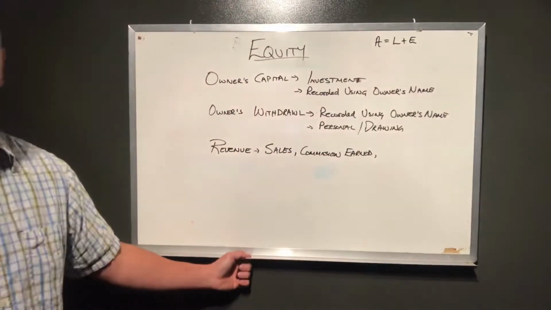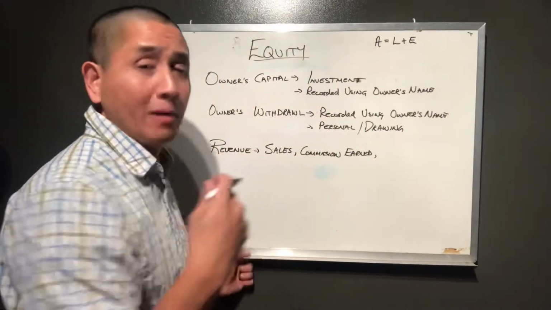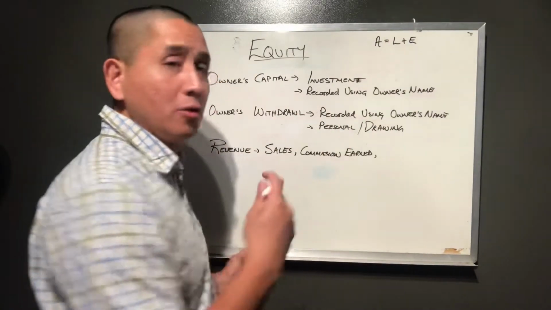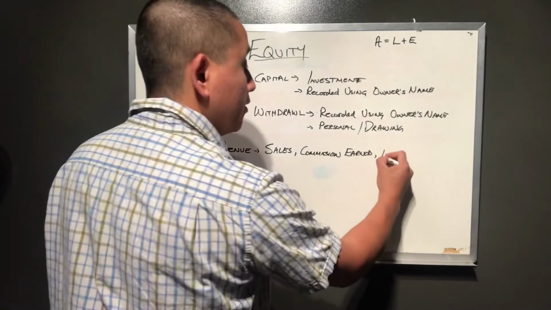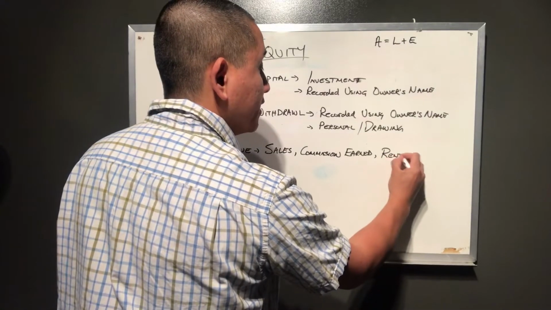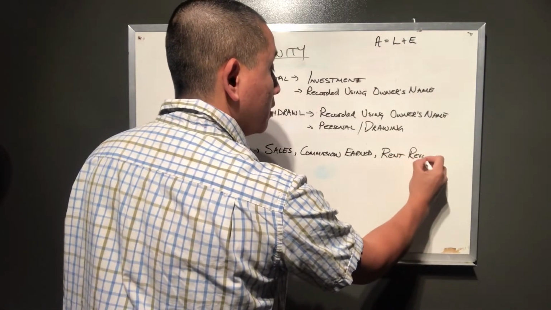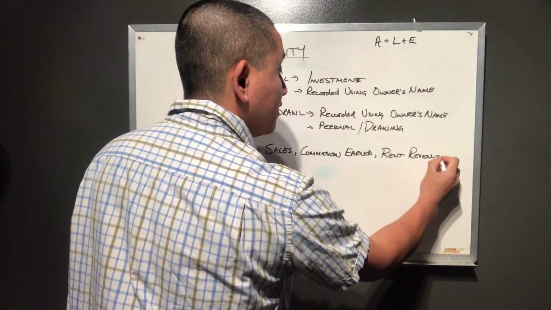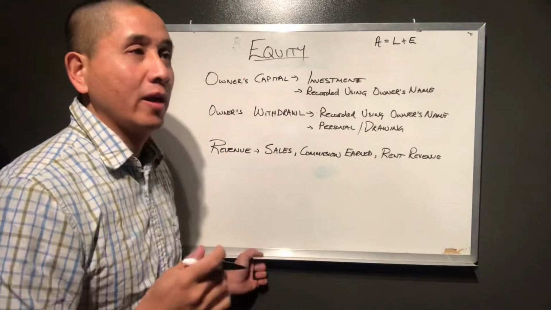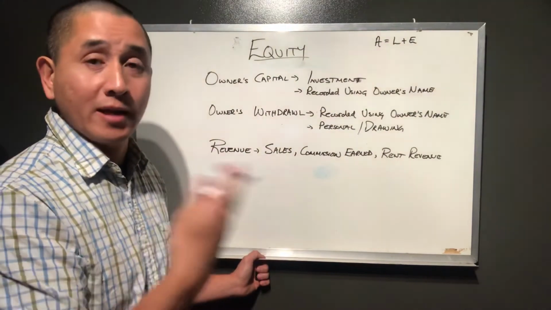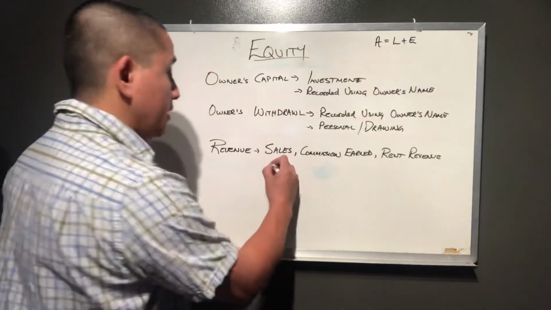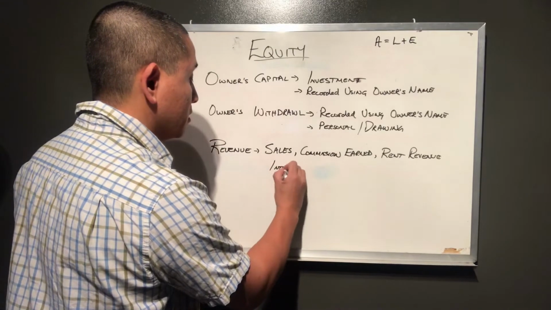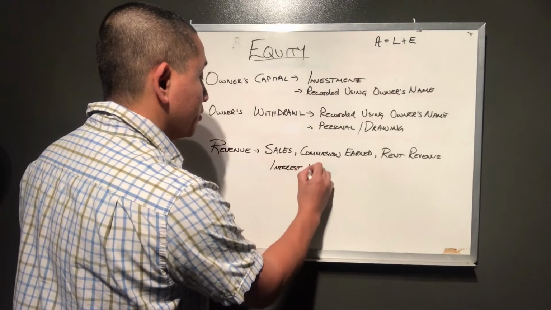Some other things would be, if I am a landlord and I rented out my house or a certain office space in a building that I own, then I could record that as rent revenue when I received the money and allowed my tenants to live there. One last thing would be interest earned.